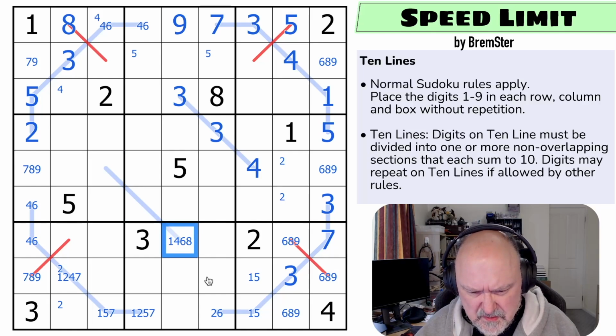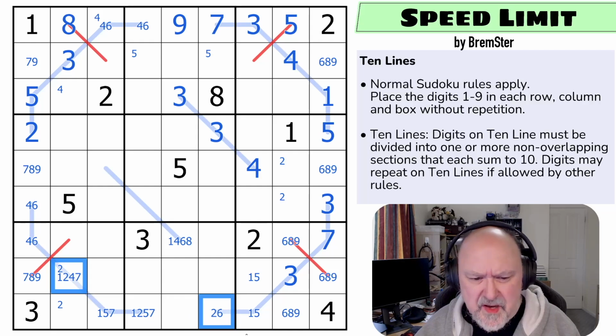Oh. Okay. Those sum to 7. 1, 6 or 2, 5. If this is 2, 5, this is 1, 7, and that would be a 2.